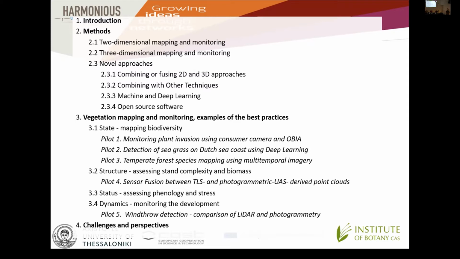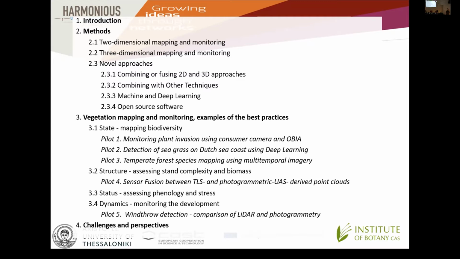I don't know if I need to talk about the methods in detail, and you probably know yourself what 2-dimensional and 3-dimensional mapping is. The 2-dimensional means that we are using optical sensors for mapping and monitoring vegetation, and adding the 3-dimensional aspect brings us to the structure of the ecosystem.